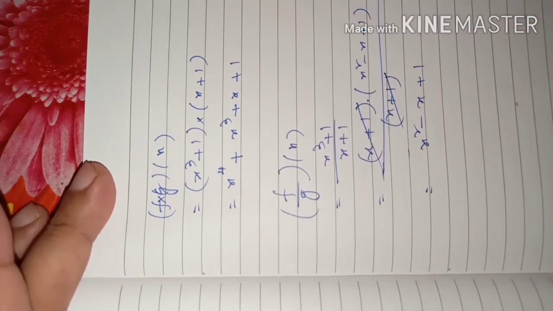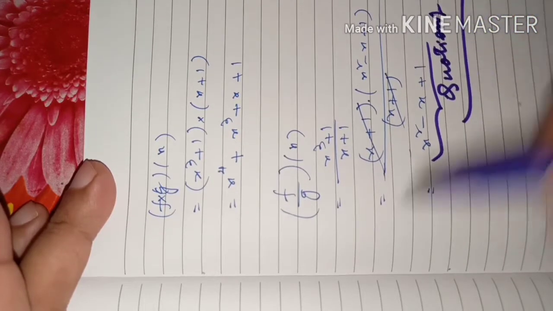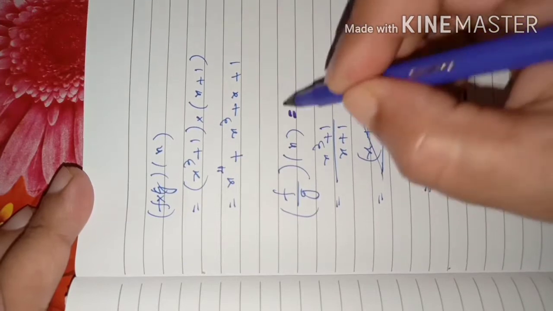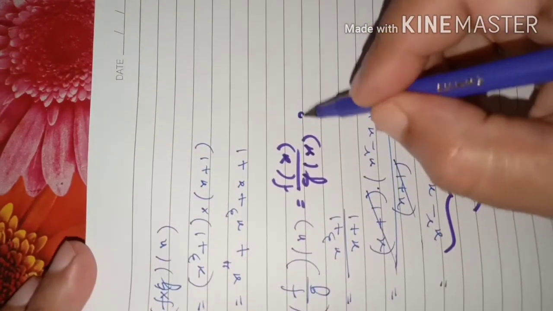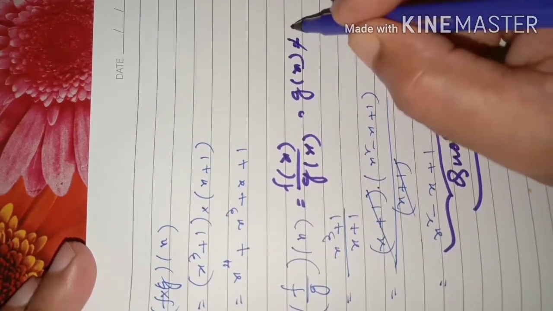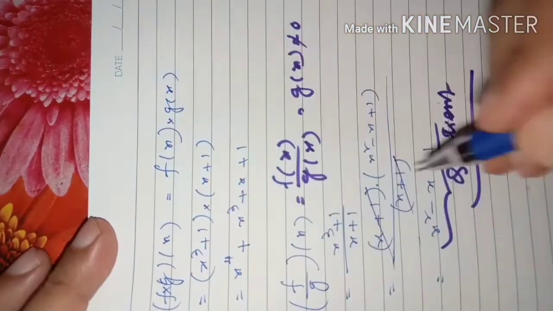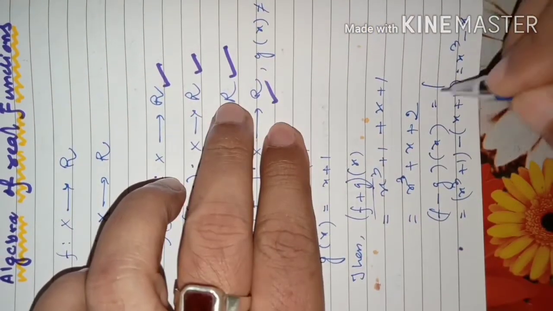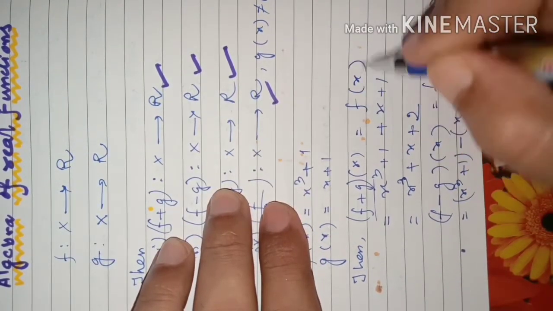This function you can say is a quotient function, because it is the result of dividing f by z, meaning f of x by z of x. Actually its full meaning is f of x divided by z of x, provided z of x is not equal to 0. The product means f of x multiplied by z of x, the difference means f of x minus z of x, and the sum means f of x plus z of x.